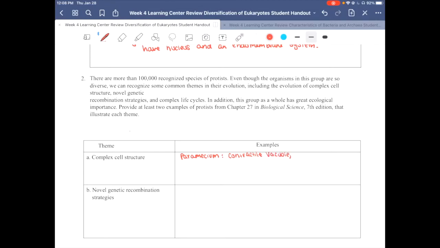It also has an oval groove and cell mouth, and it has micro and macronuclei and cilia.